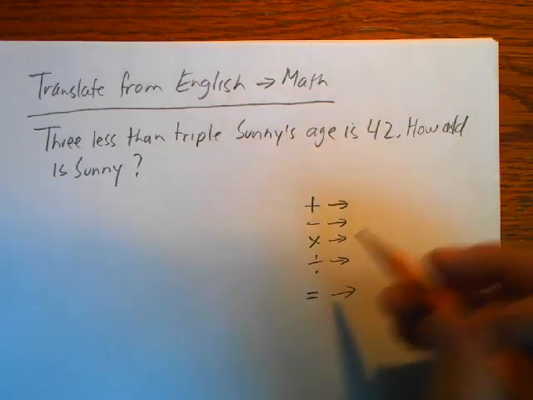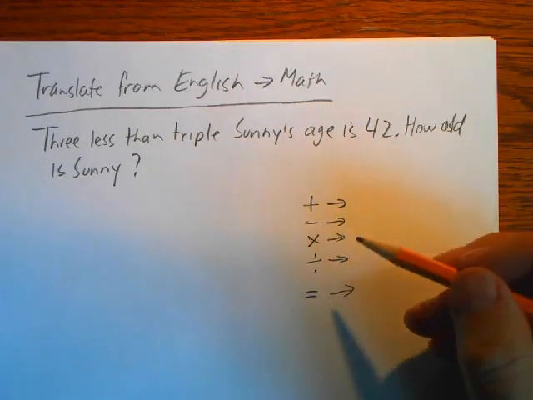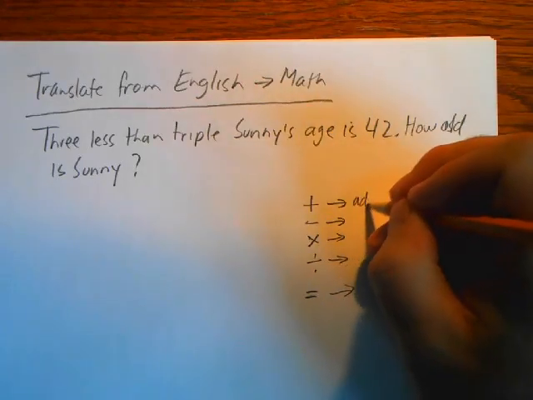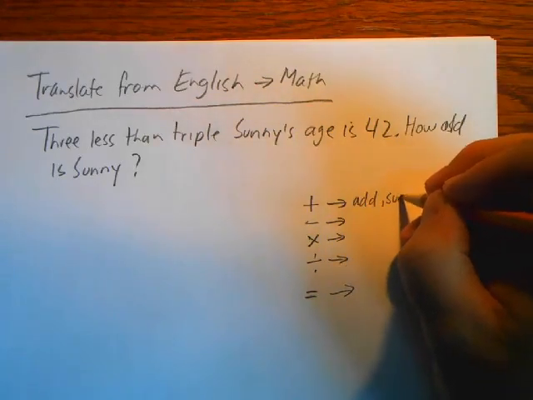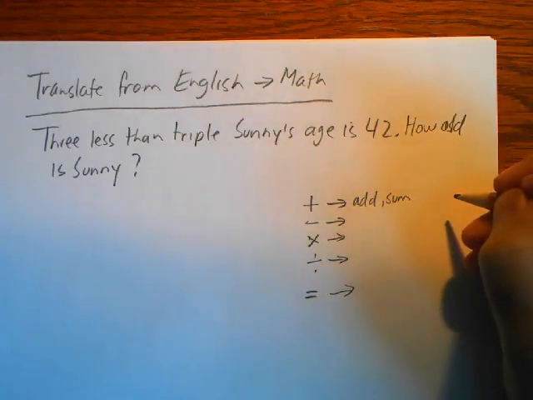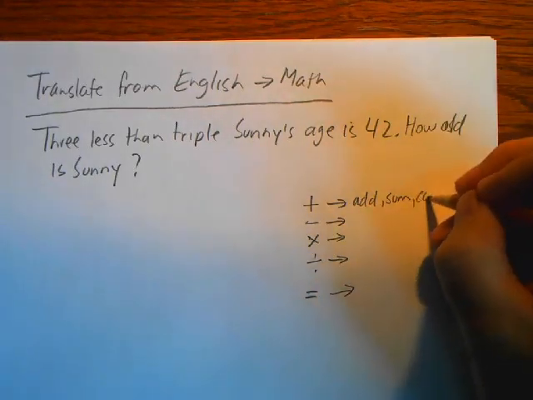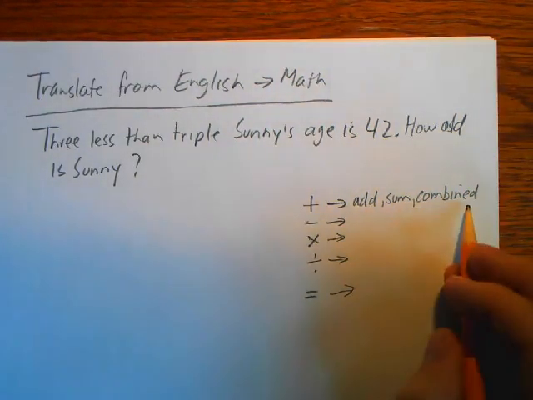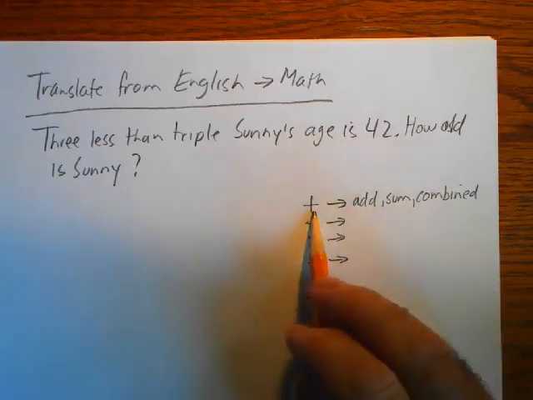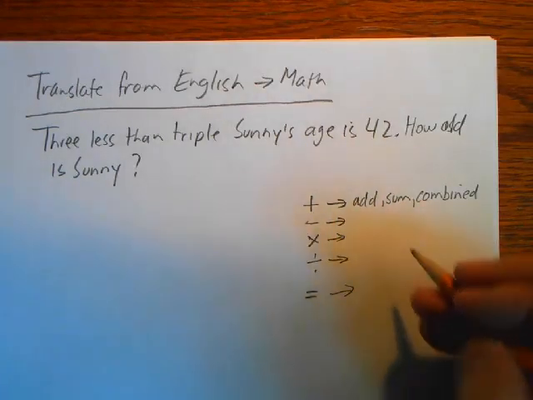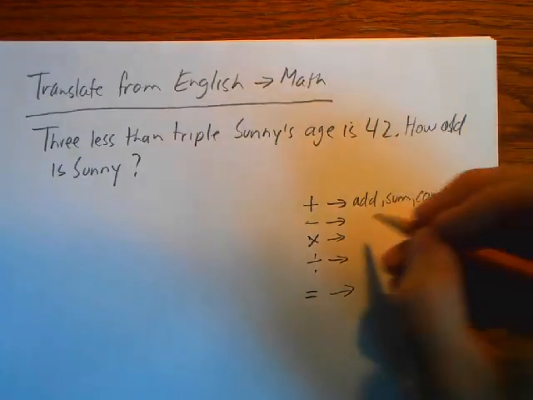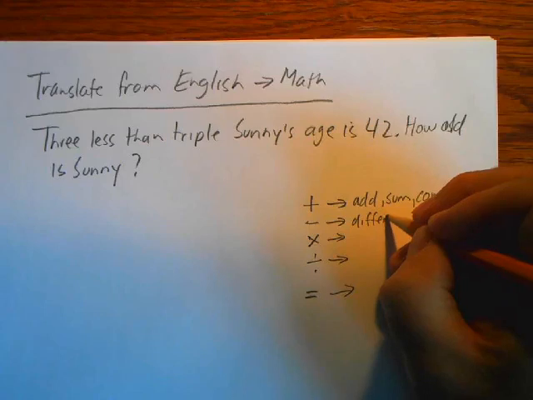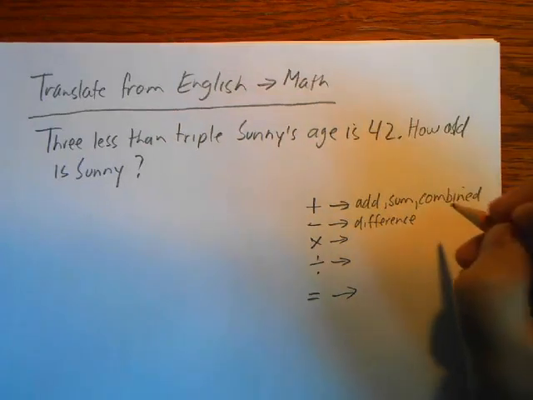Okay, so plus is, if you saw the word add, definitely you'd know that. So add, the word sum means when you add two numbers together, or you could use the word combined. If two numbers are combined, you're adding them. So these are English words which kind of relate to the plus sign. The subtraction sign, well, obviously subtract, I won't put that, but difference, the difference between two numbers means you're subtracting them.